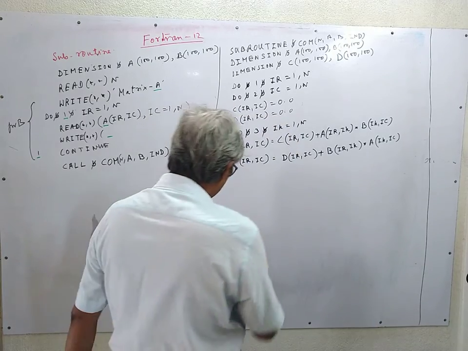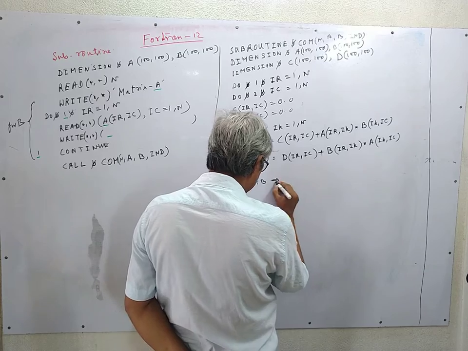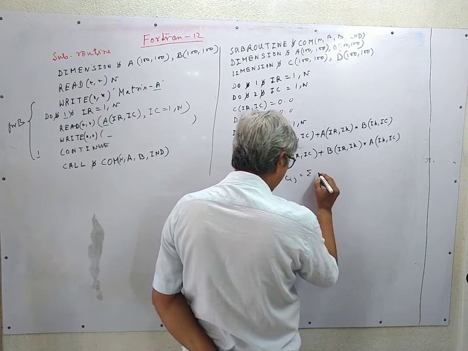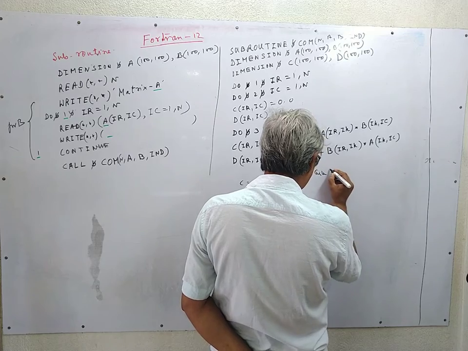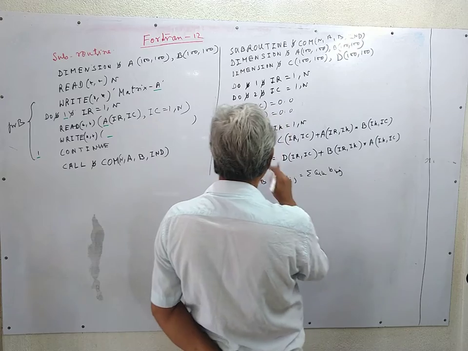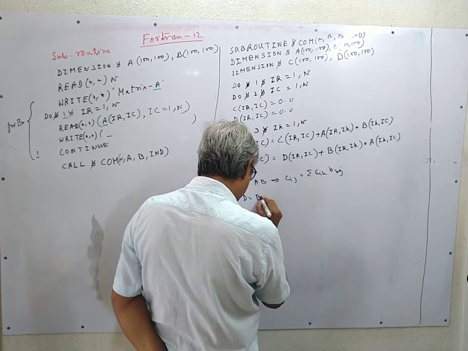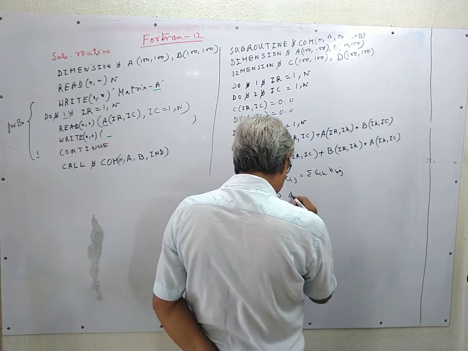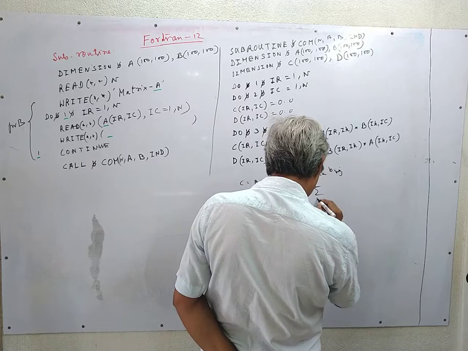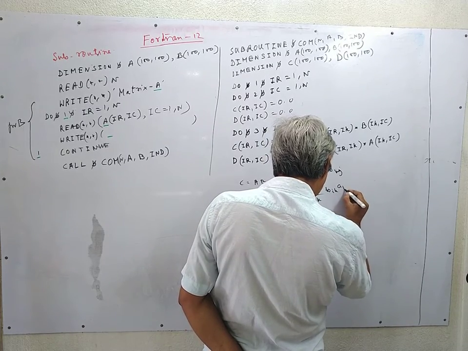Note that C is equal to AB, that is Cij is equal to sum over K Aik Bkj. This is done in this line, and D is equal to BA, that gives Dij is equal to sum over K Bik Akj.